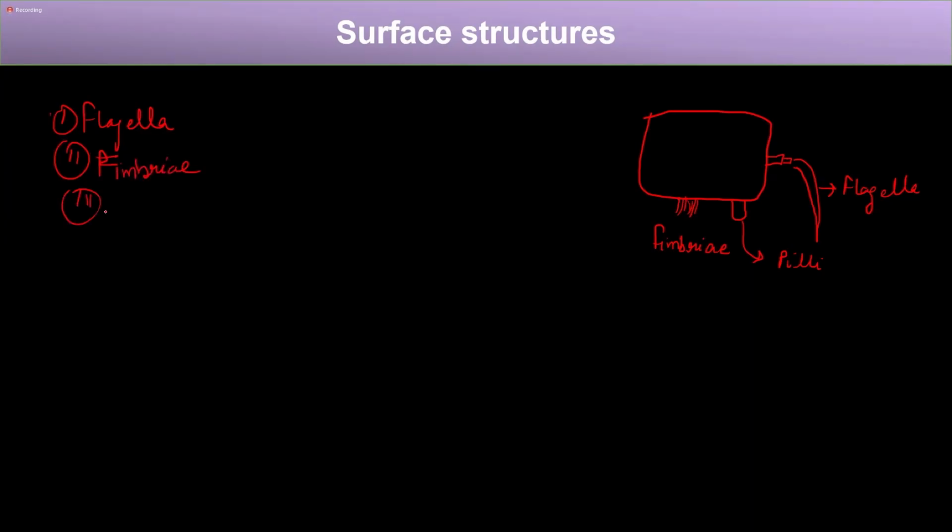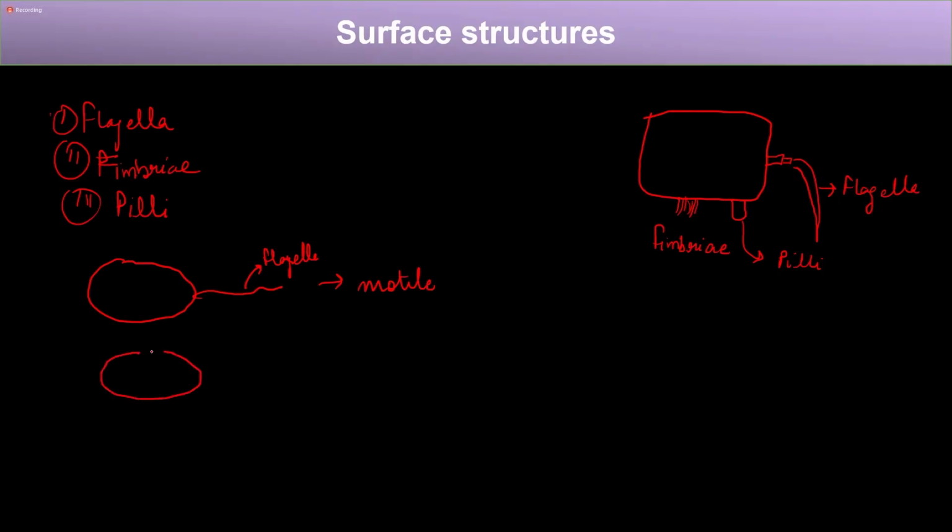Now, if you see a bacterium in a microscope with a structure like this, this is flagella. If a bacterium has flagella, it is called a motile bacterium.